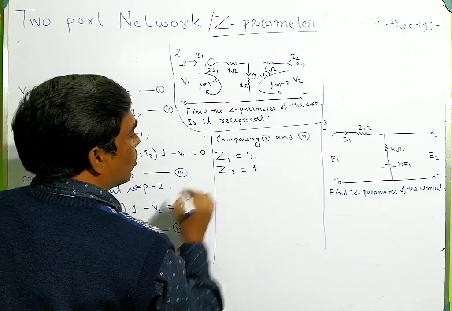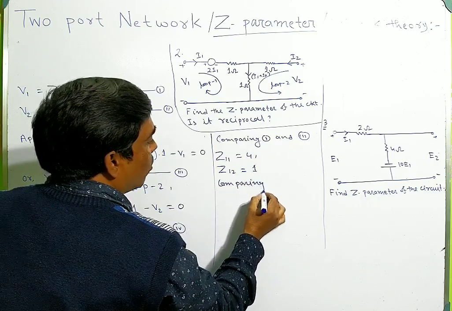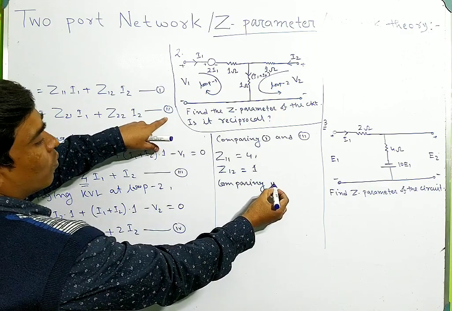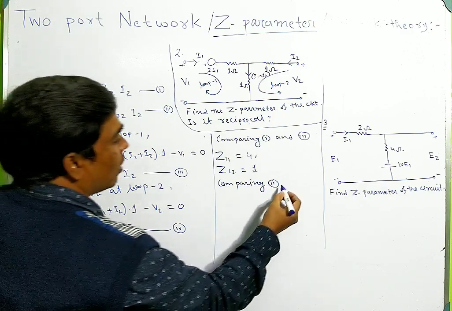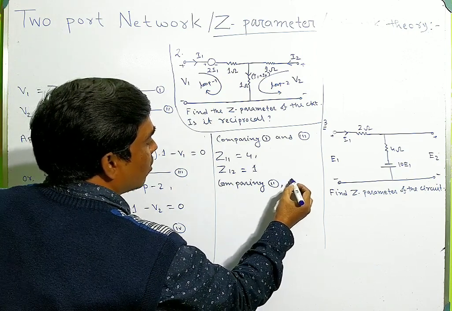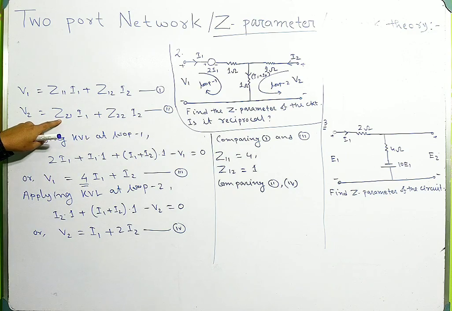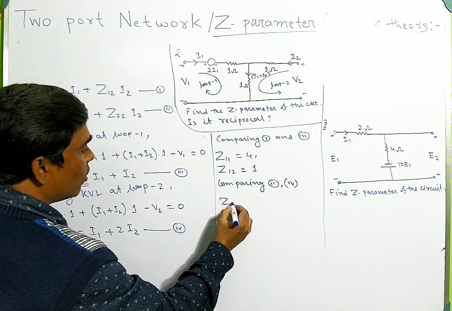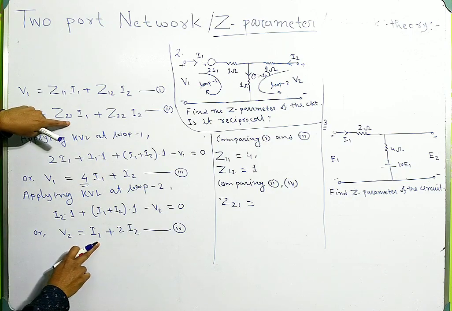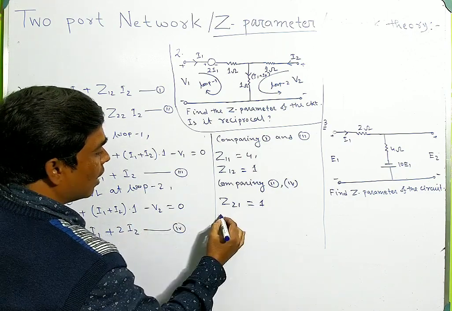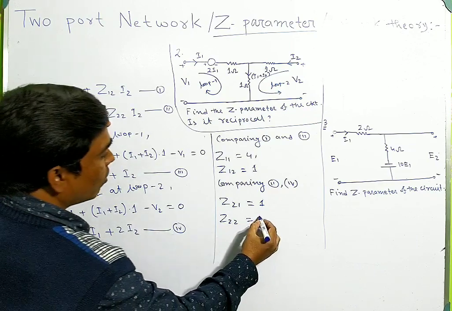Okay, now comparing equation 2 and 4, we will get Z21 is given by 1, and Z22 is given by 2.